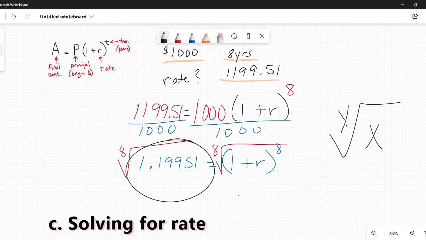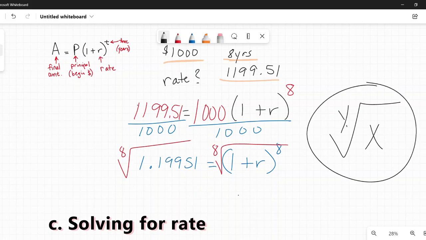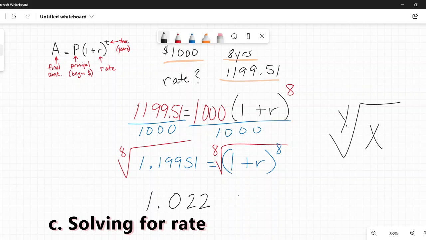Then you hit this button, then you type 8 because that's your second number, your y, and then equals, and you will get your answer. So your answer for the 8th root of this is 1.022999, equals 1 plus r.